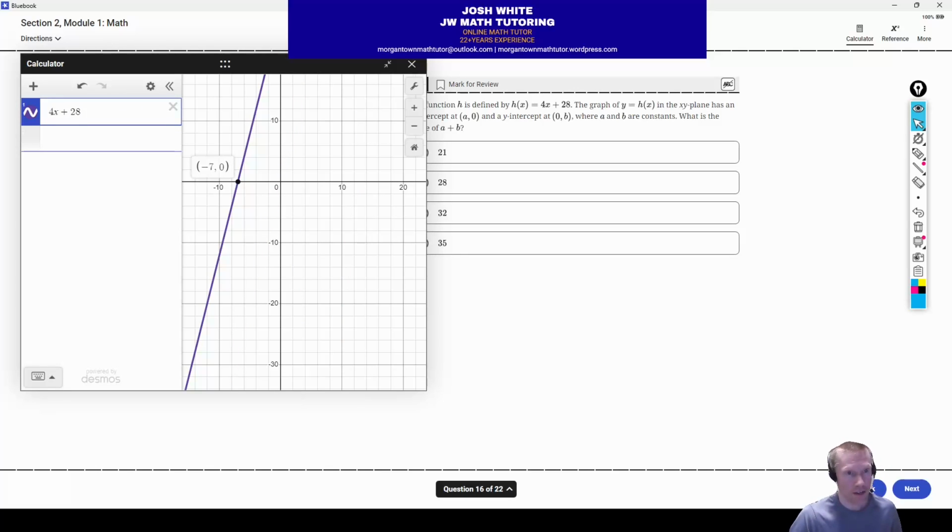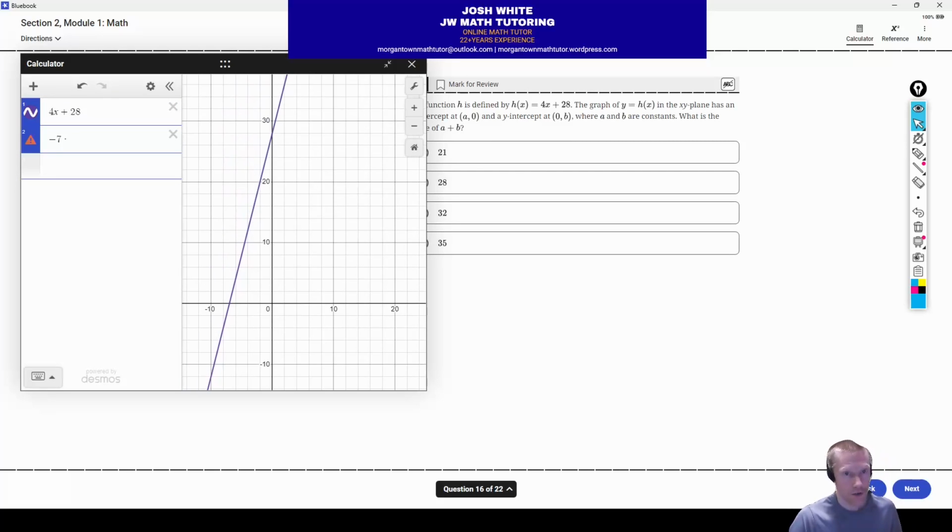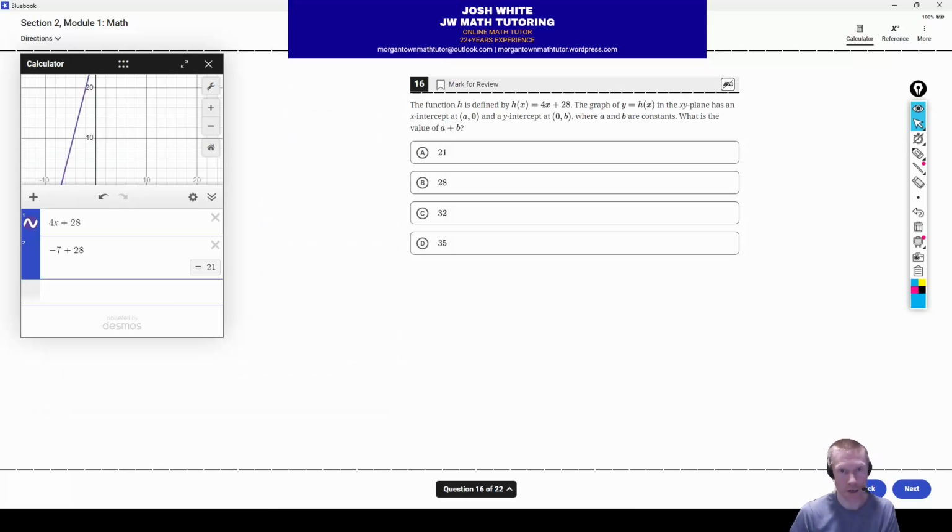So it looks like the x-intercept, or a, is negative 7. And the y-intercept locks in at 28. So if we multiply those together, oh, we're not multiplying, excuse me, we're adding. So we add those together, we get positive 21. So the correct answer for this one should be letter A, 21.